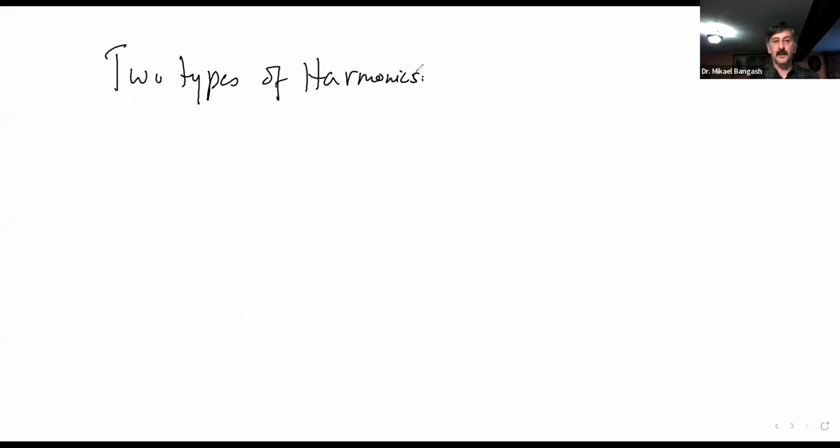And ladies and gentlemen, or dear students, when we talk about these two types of harmonics, the main thing that we'll be stuck on is those non-linear behaviors that they display.